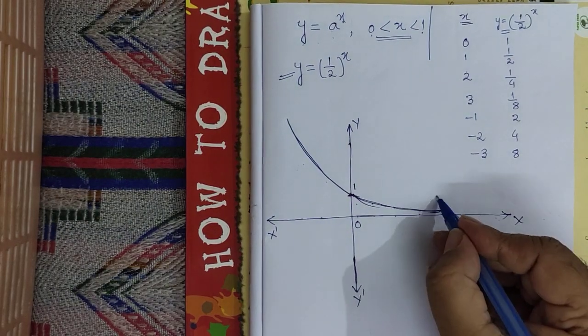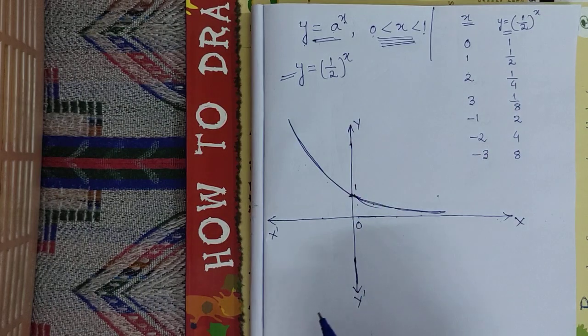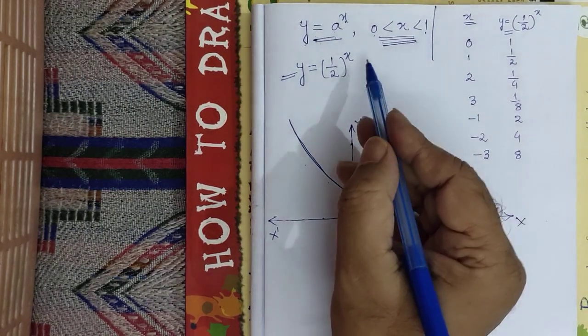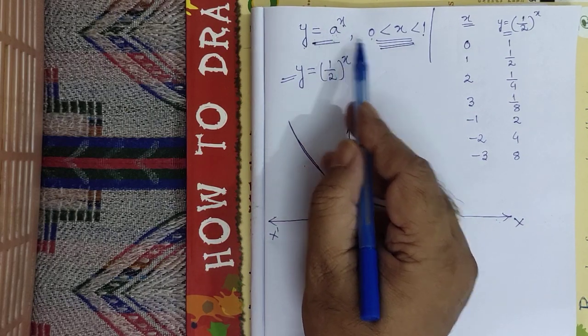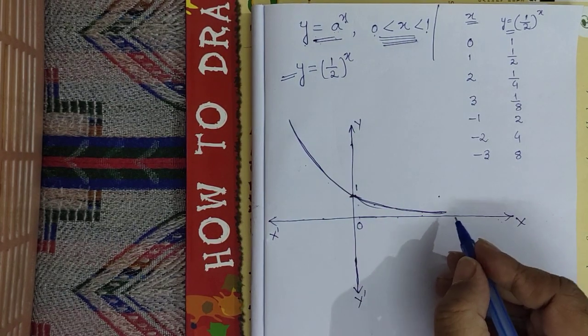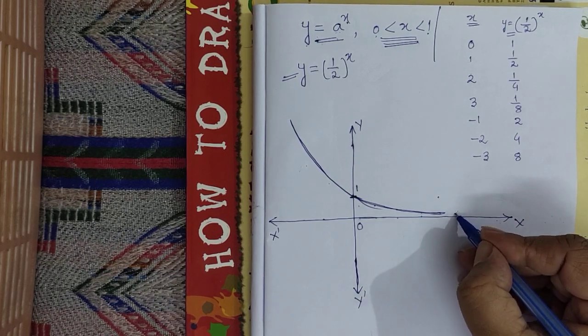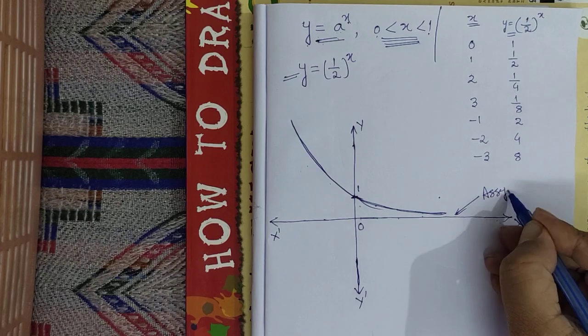So this is the graph of y equal to a to the power x under this condition. This graphical behavior will follow whenever you take the base a of the exponential function to be between 0 and 1. Here also you can notice the graph is approaching the x-axis and it would never touch the x-axis. Hence here also the x-axis is the asymptote.